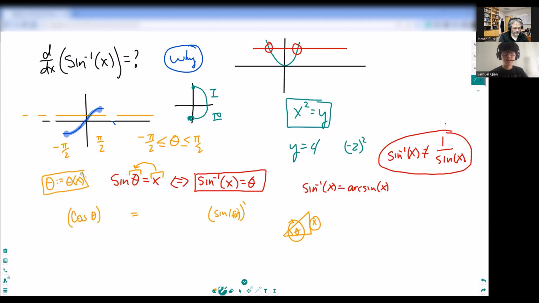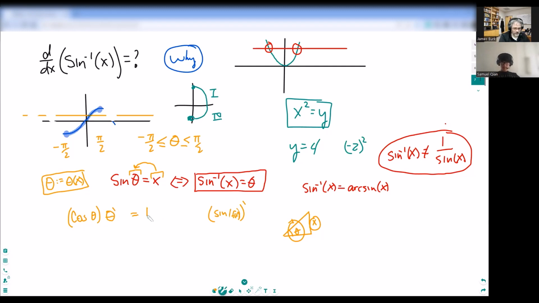So whenever I take the derivative, I have to apply the chain rule. Theta is a function in terms of x, which is being implied, so I have to say theta prime, just like when I take the derivative of y squared, I have to tack on y prime at the end instead of just saying 2y.